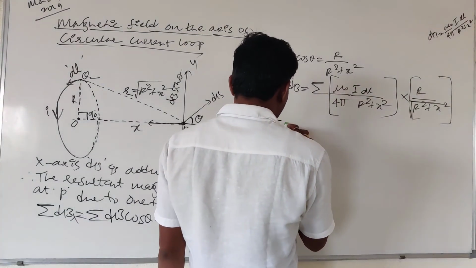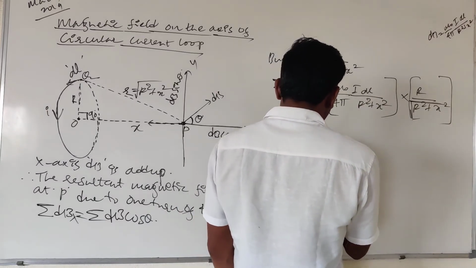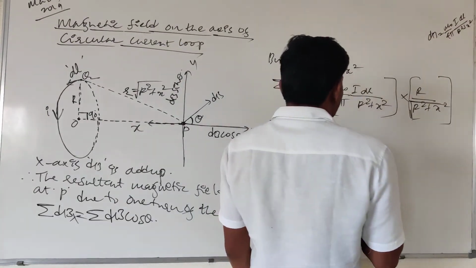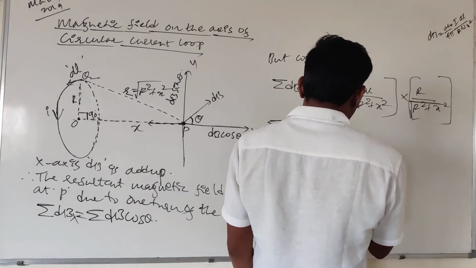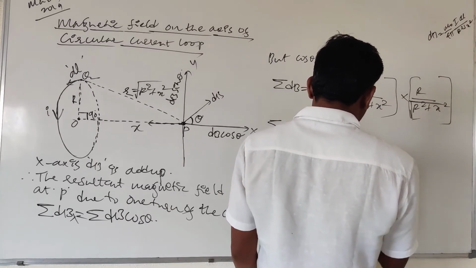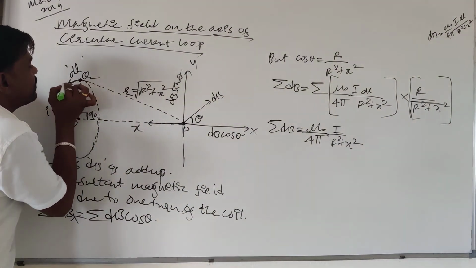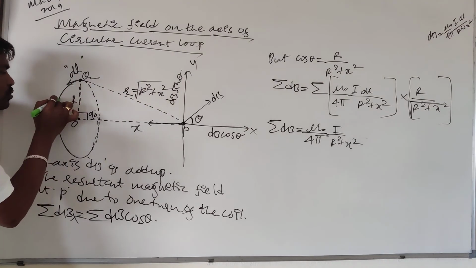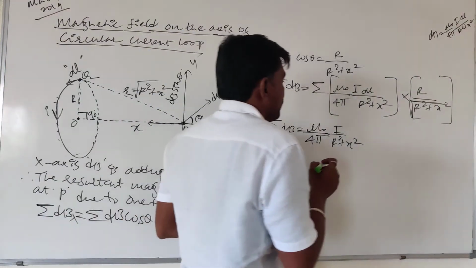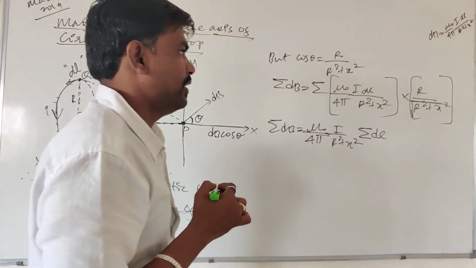Here summation of dB is equal to mu naught divided by 4 pi, then I divided by r square plus x square. See, here at this point the small element dl is there. So many points like dl are there. So that's why I am going to take the summation of dl, right?